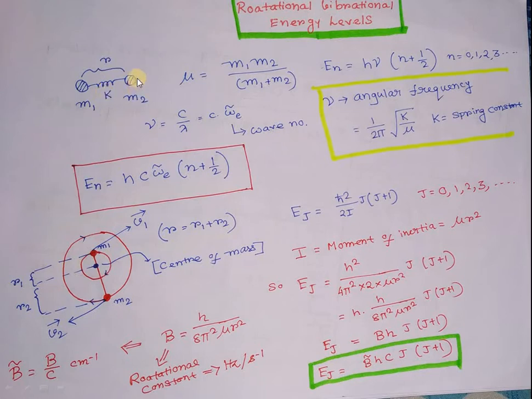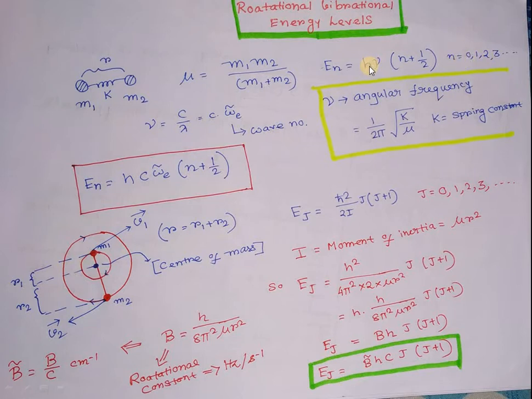Now the energy levels for these types of diatomic molecular systems can be expressed by the following formula, where En, the energy of the nth quantum state, is equal to h nu into (n plus half), where n equals 0, 1, 2, 3, all integer numbers, and this is basically called the quantum number.